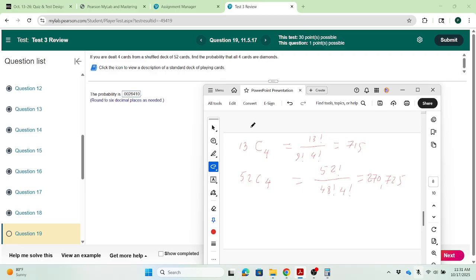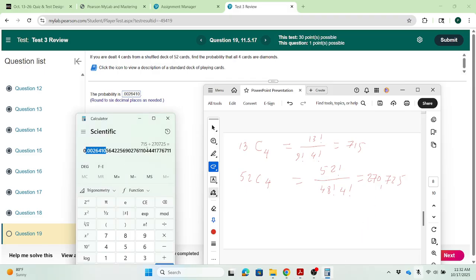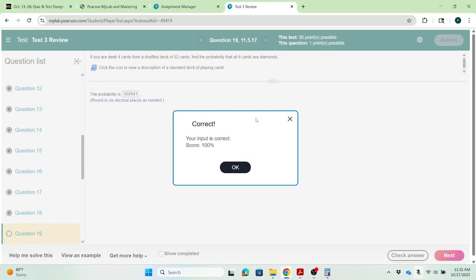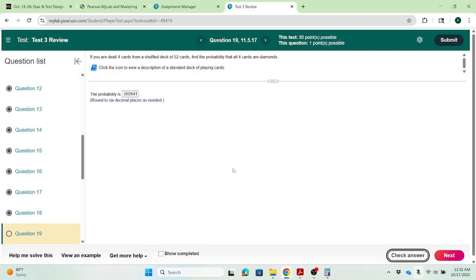The probability of getting 4 diamonds out of this total is 715 divided by 270,725. I did that here, and then I got 0.002641, and then they say round to the 6th decimal place. So I'm going to round it to the 6th decimal place and then check the answer. So this is the probability of getting 4 diamonds out of 52 cards.